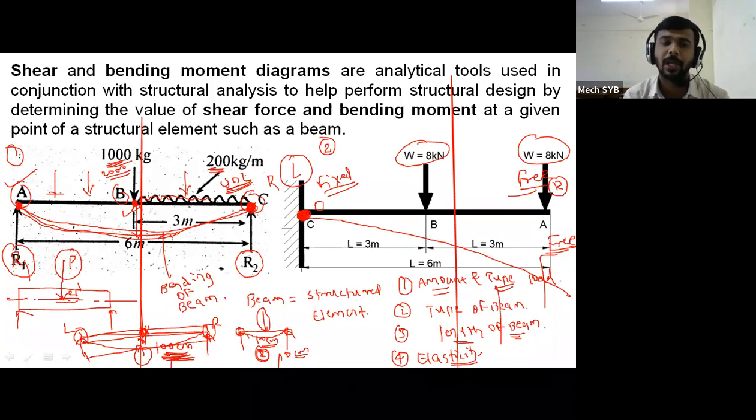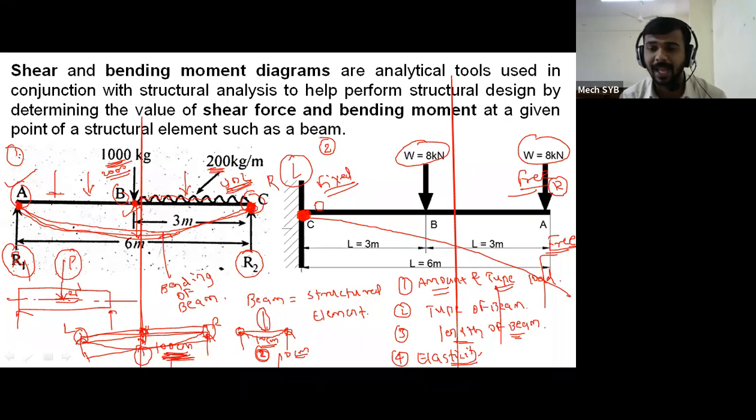According to that, the value of shear force is variable and the value of bending moment is also variable, and therefore we need to calculate the separate shear force value at each and every point which is provided on the beam.